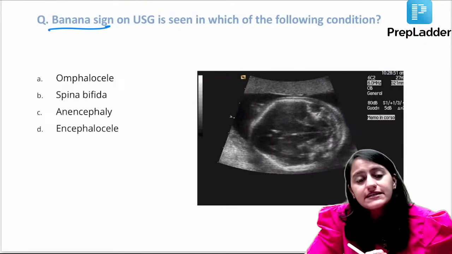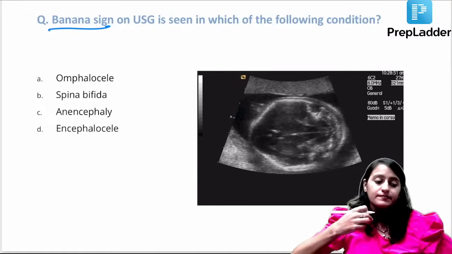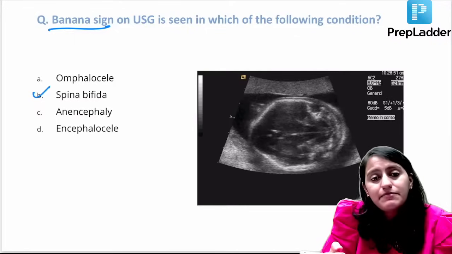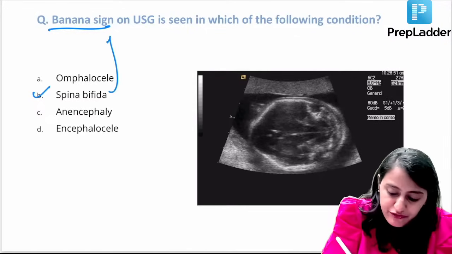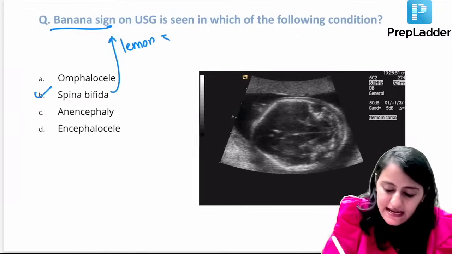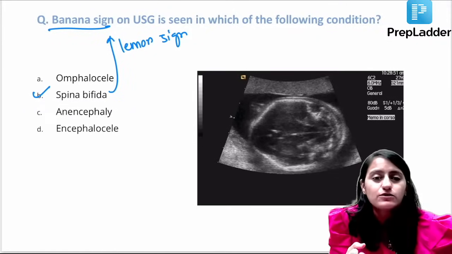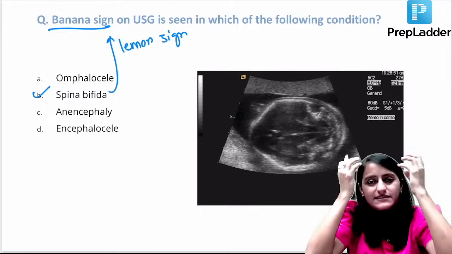Next one, banana sign, INICET exam question. Banana sign is seen in spina bifida, right? A neural tube defect, spina bifida, gives you the two fruit signs. One is banana sign and other is lemon sign. What happens with the spina bifida, meningomyelocele? There's a traction on the brain structures, right?